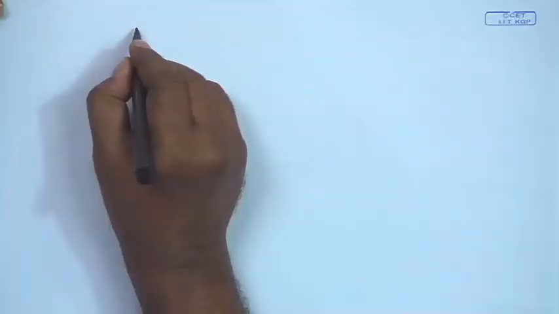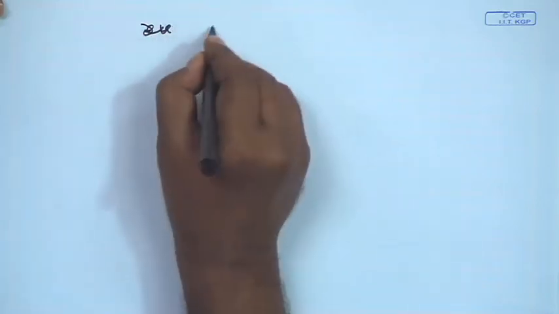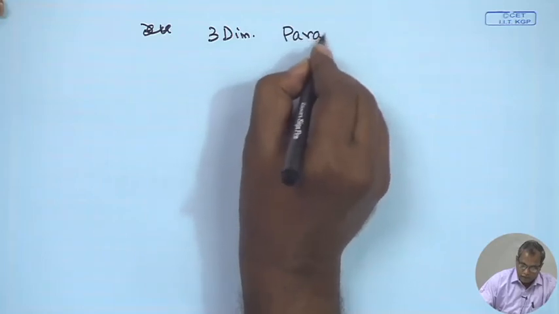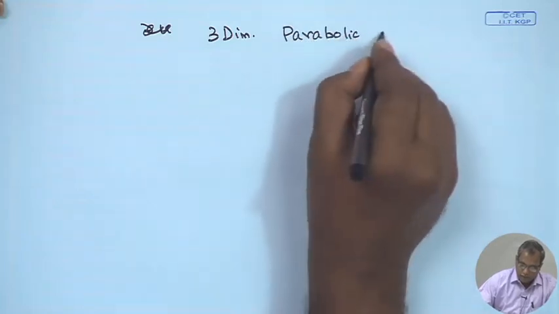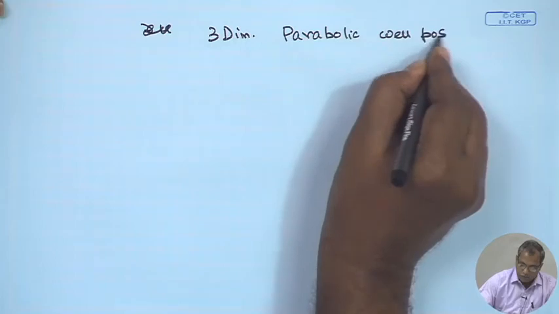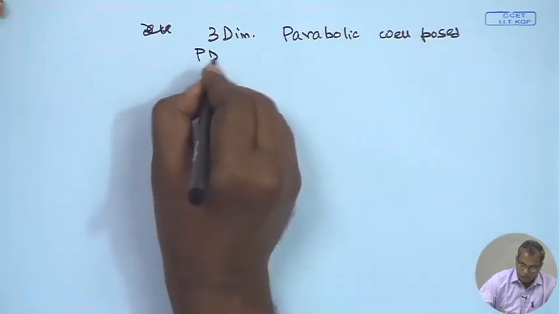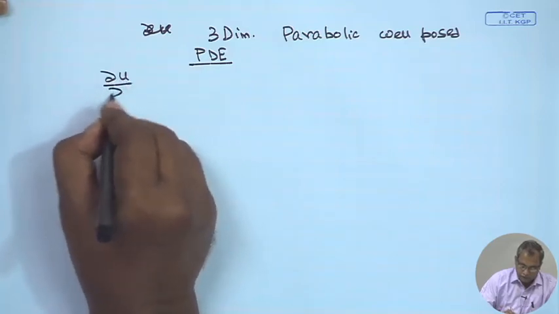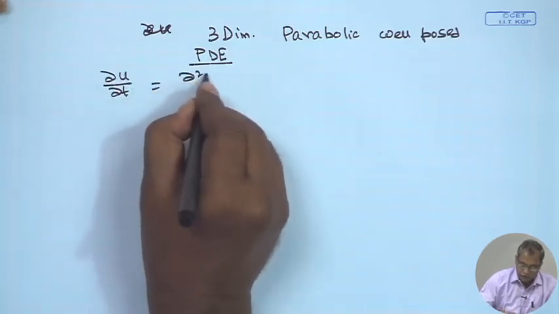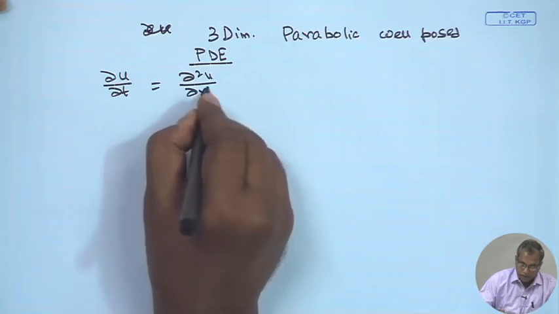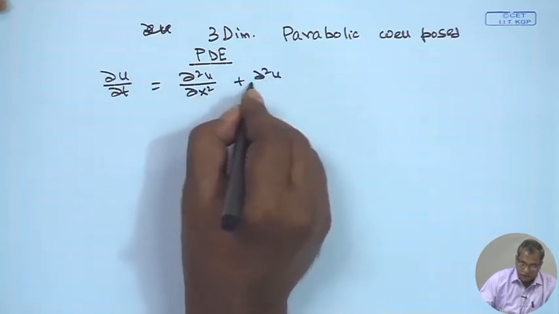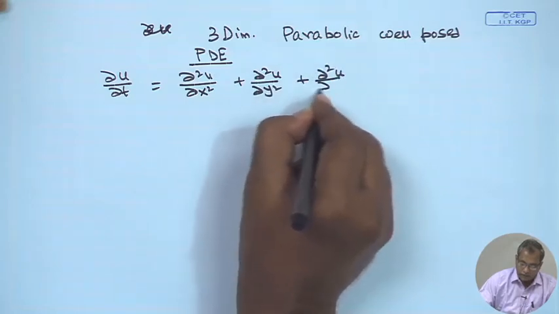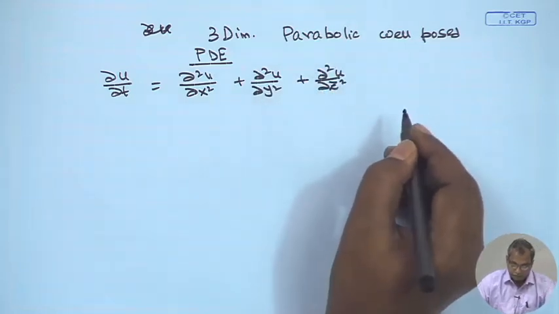So, we formulate the 3-dimensional parabolic well posed partial differential equation. It will be del u del t is equal to del square u del x square plus del square u del y square plus del square u del z square.